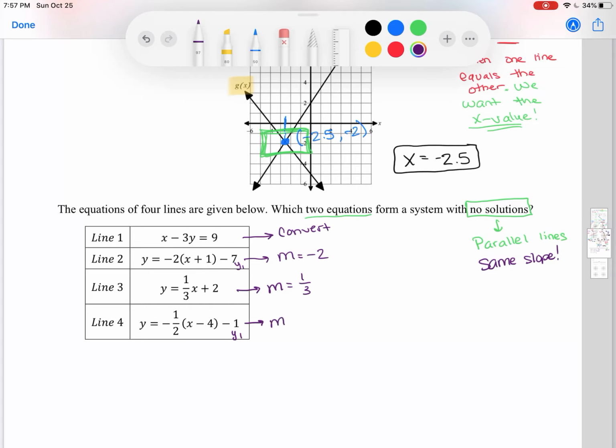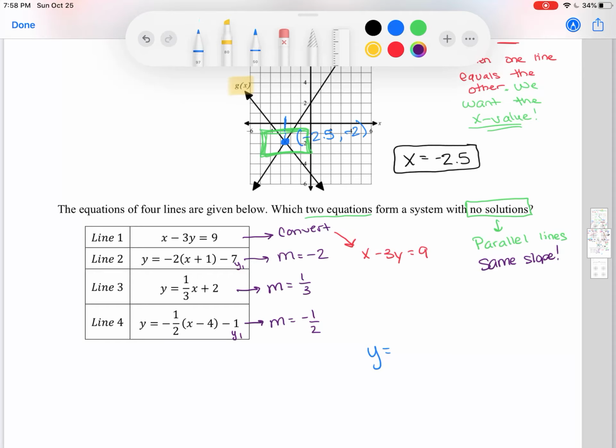It matches just like all the questions we've already done. And line 4, again, this one is considered point slope form. Of course, with that -1 getting moved over, that still represents your y1. And here our slope is -1/2. So right now, if I compared all of my m's for each one of these functions, unfortunately, none of them are the same right this second. So I actually do have to convert line 1 and see if I can find my slope.